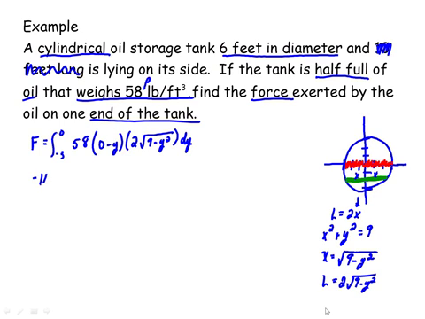Negative 116. So we brought out the 58. We brought out the coefficient of the y that's not underneath the radical, which is a -1. So you have negative 58 times 2, which is the negative 116.